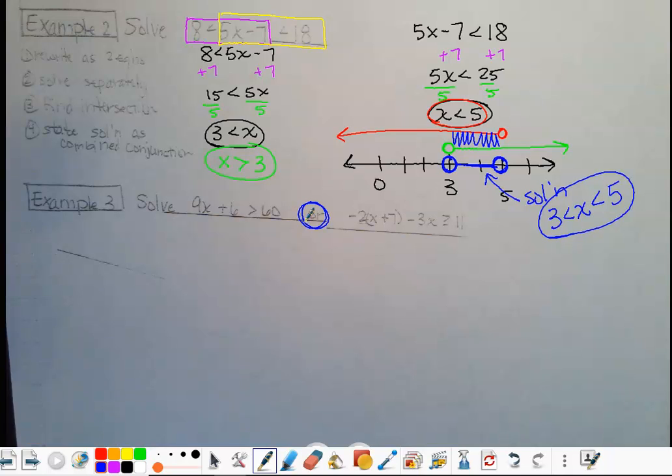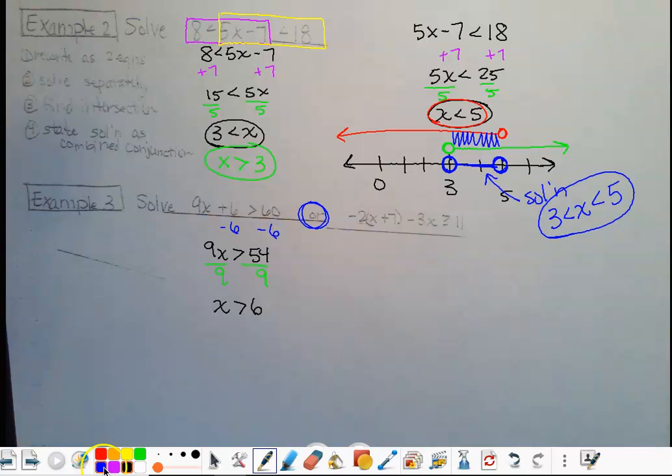The same steps. We have to solve the inequalities. In the first one, I'm going to subtract 6 and be left with 9x is greater than 54. I would divide by 9, and that would leave me with x is greater than 54 divided by 9, which is 6.